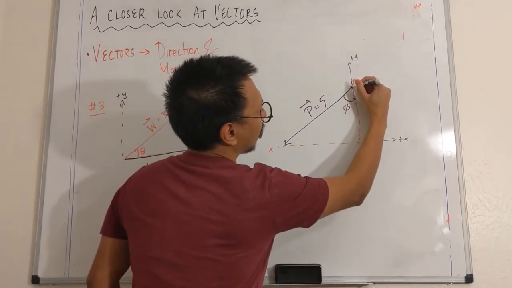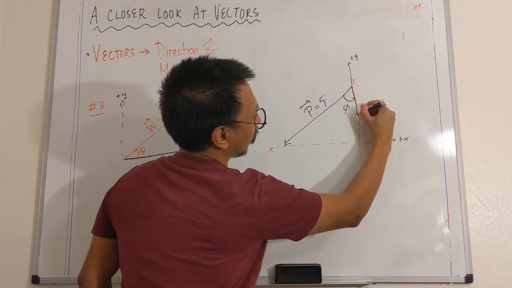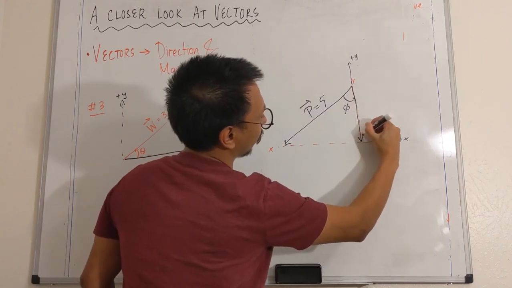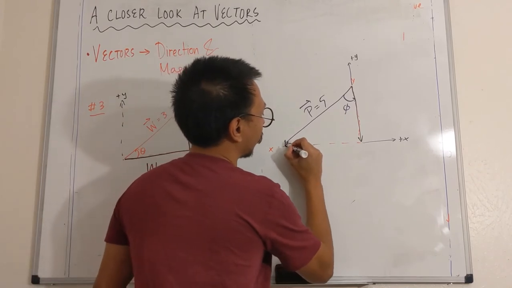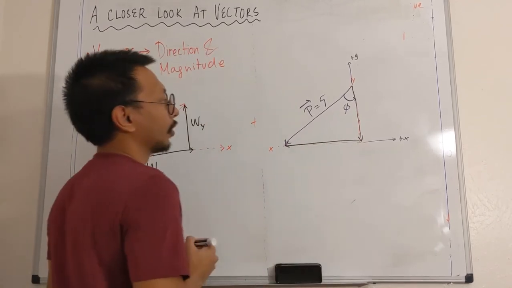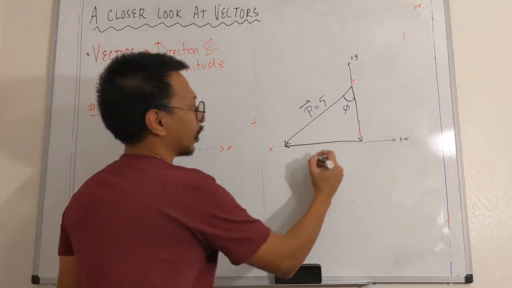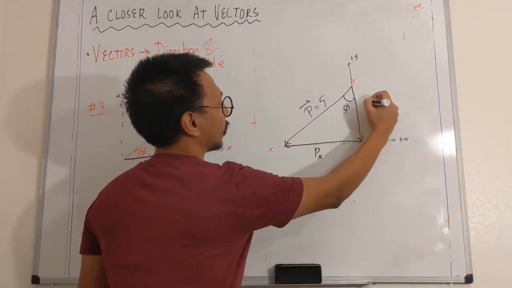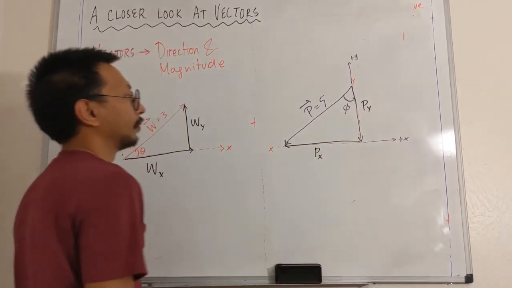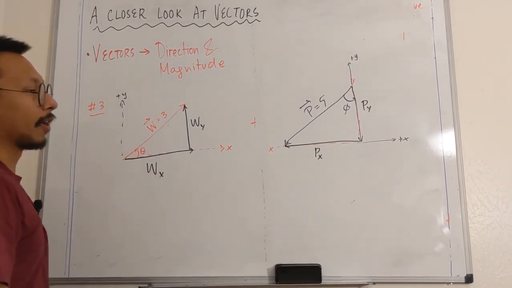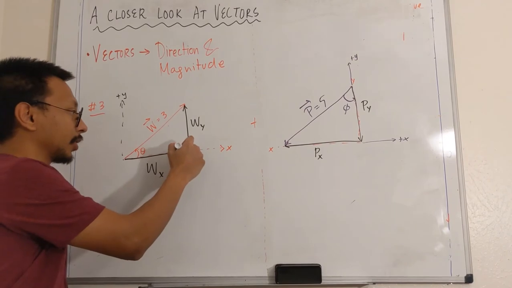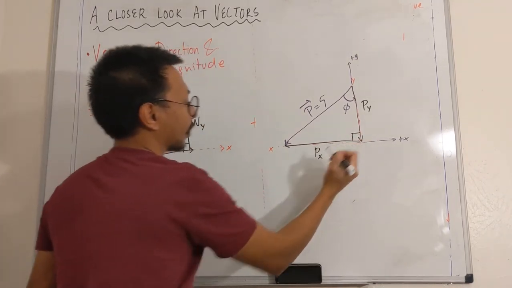So the components would look like this. This would be my y component decreasing in a downward direction, and this would be my x component decreasing in a leftward direction, and we denote this as px, and that as py. Okay, then we have our right angle triangles because these are right angles.